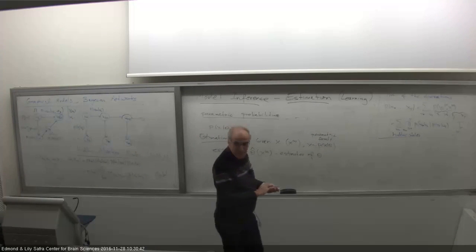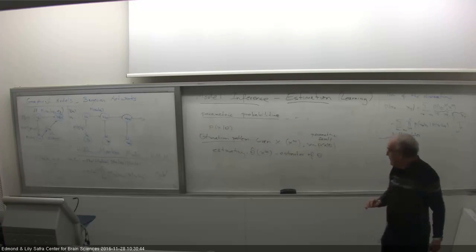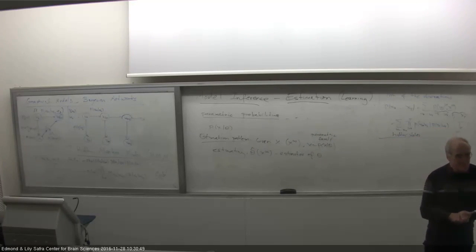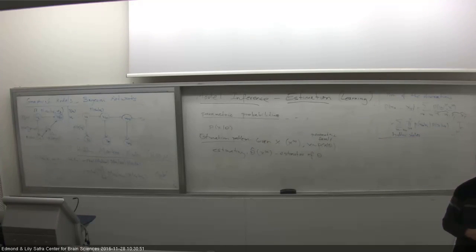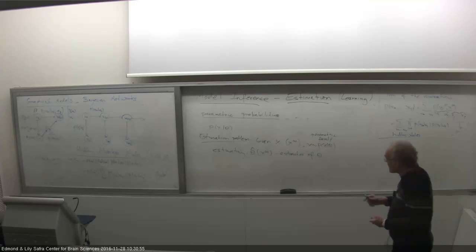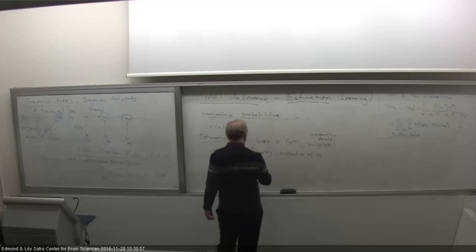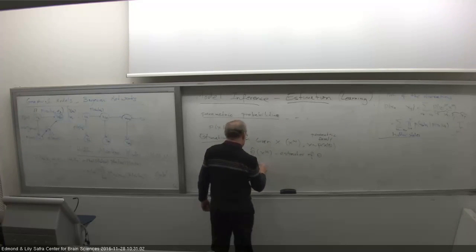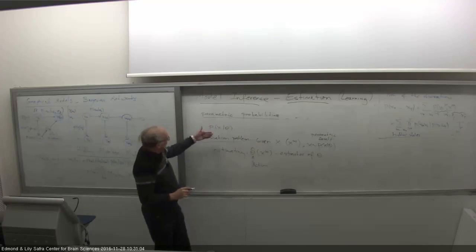So estimator. Now, what do we need in order to make Bayesian decision theory make sense of it? In what sense do we want theta to be good? Theta hat is our action. This is analogous to action. So we have a model.